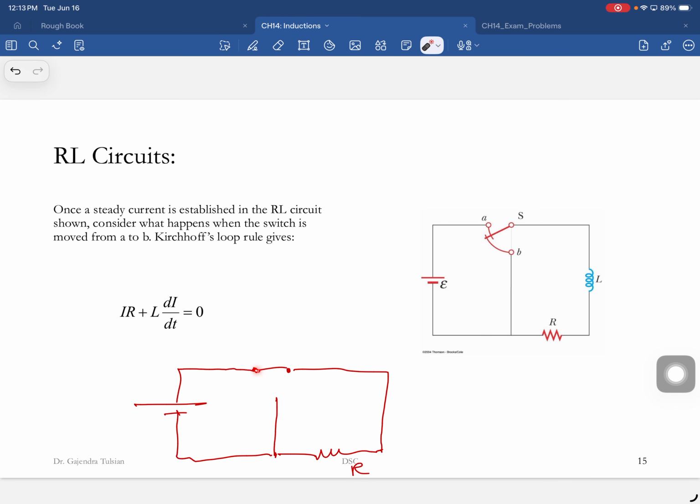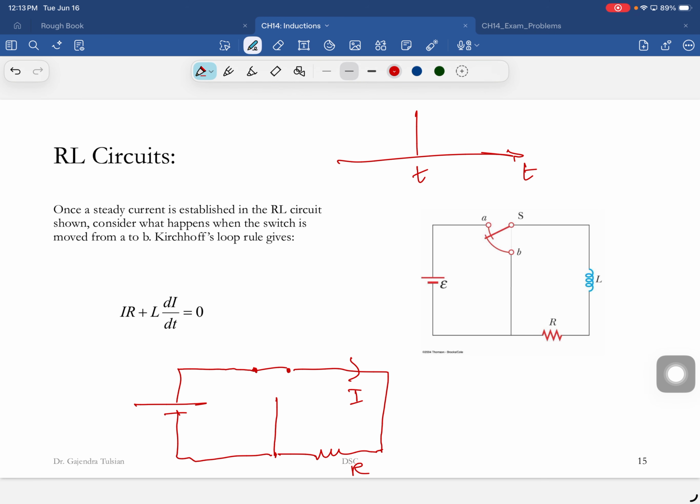When I flip the switch from here to there, by removing the battery, what would happen to the current? Go to 0. The current would go to 0 instantaneously. So at t equal to 0 is when I'm flipping the switch. Okay. And what will happen is, with this circuit, the current would instantly go to 0.